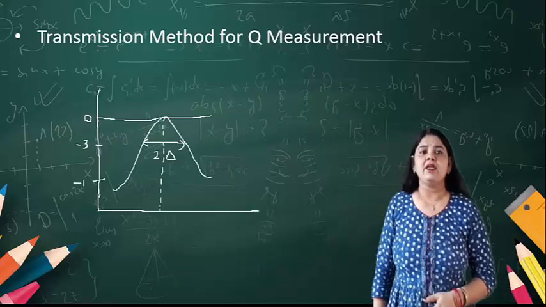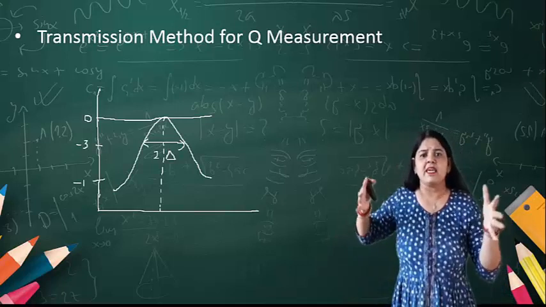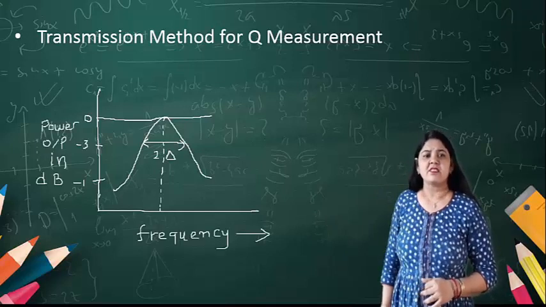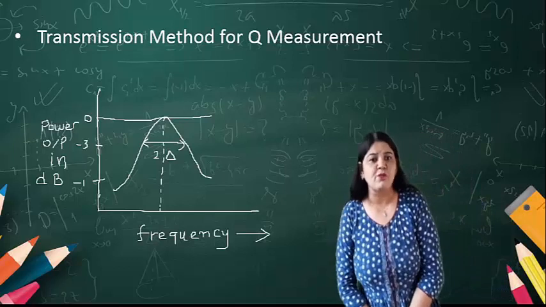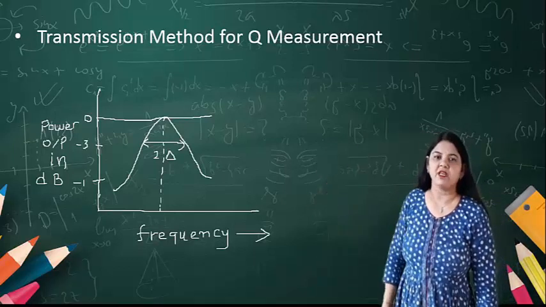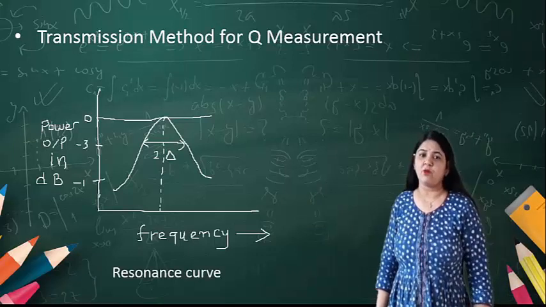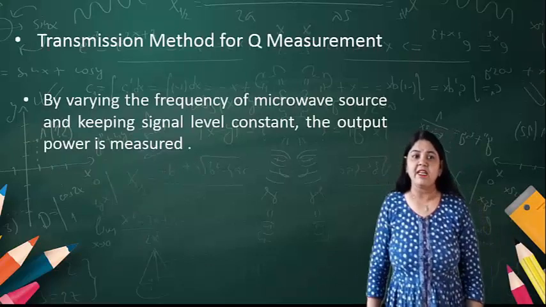Now, as I said, the response curve is very small. Here you can see this curve, frequency versus output in dB. This curve is very small, and using the half power frequency of this resonance curve, we can find it out.